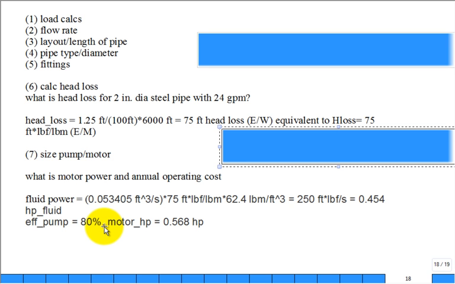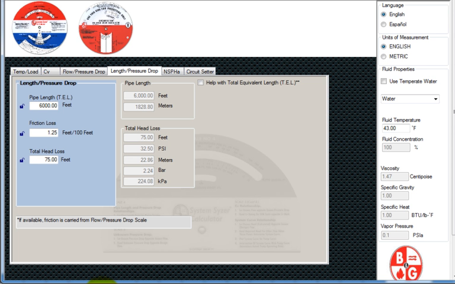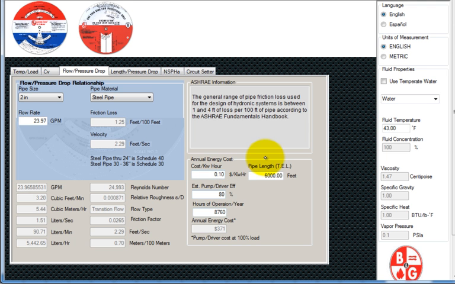The pump efficiency is 80%, hence the motor requires almost 0.6 horsepower. And they're doing those calcs for you right in this vicinity. Okay? And then if you know the cost of electricity, say 10 cents a kilowatt hour, there's your annual cost, $371 just to push it through the pipe.